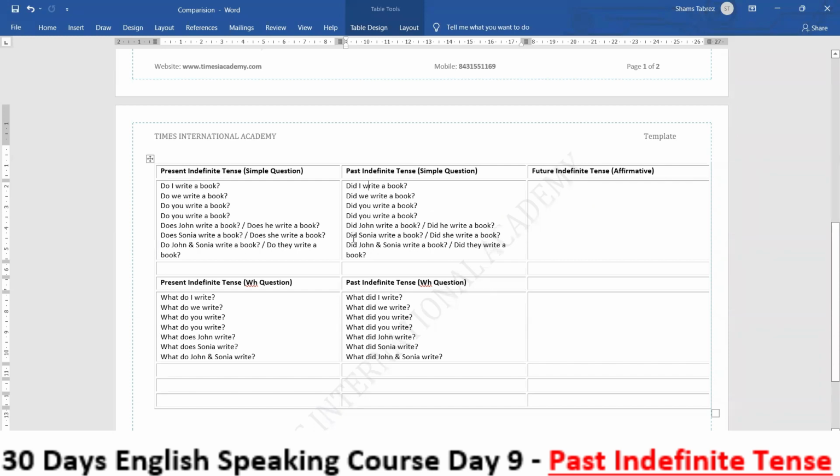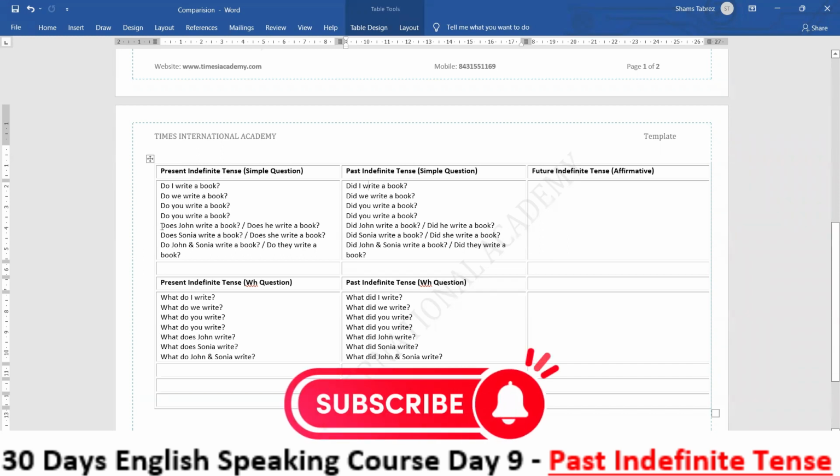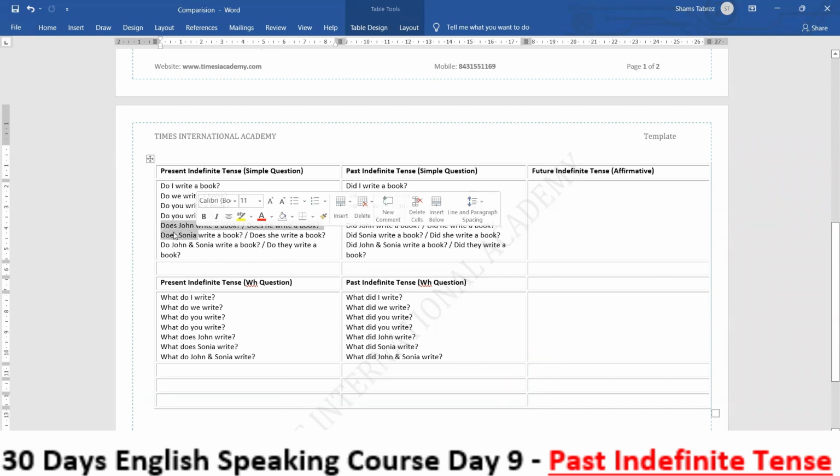And the same helping verb is used for all pronouns, whether it is third person, singular, plural, or whatever. Right? So from here, you can see that for present indefinite, we use the first form of the helping verb, and only for third person singular, we are adding s or es to the helping verb. But in past indefinite simple question, the helping verb did is used for everyone.